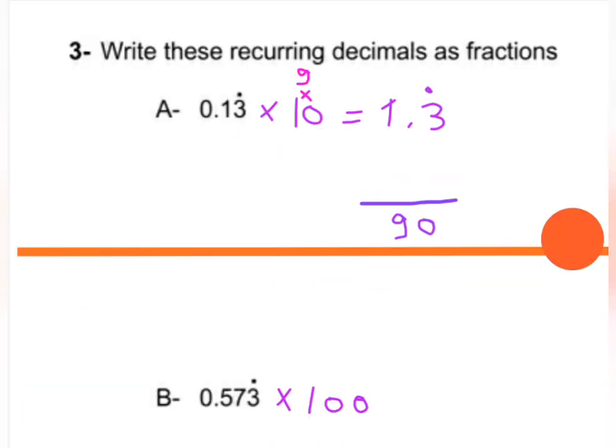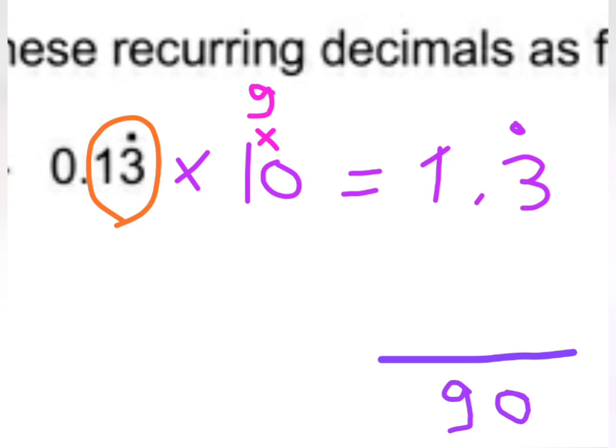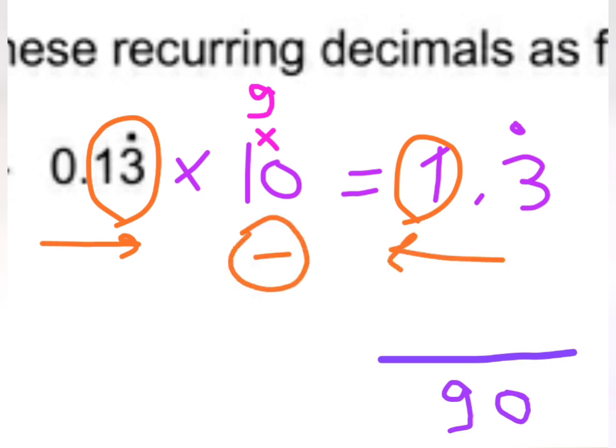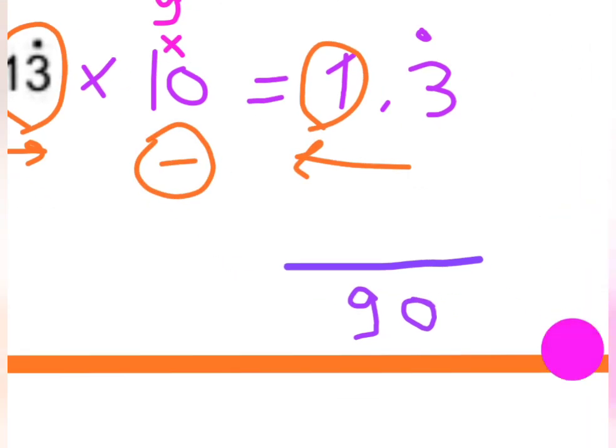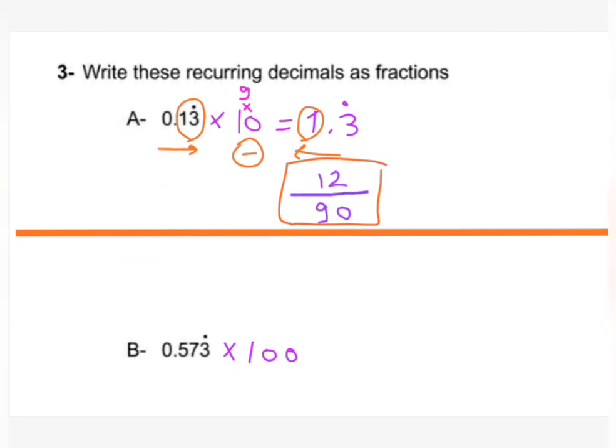And then, same idea, I'm going to take the 13, the number before the decimal point, after the decimal point, minus the one before it. So, I minus them. So, 13 minus 1 equals, very good, 12. So, the answer will be 12 over 90. And these are the steps of finding a fraction of a recurring decimal like this.